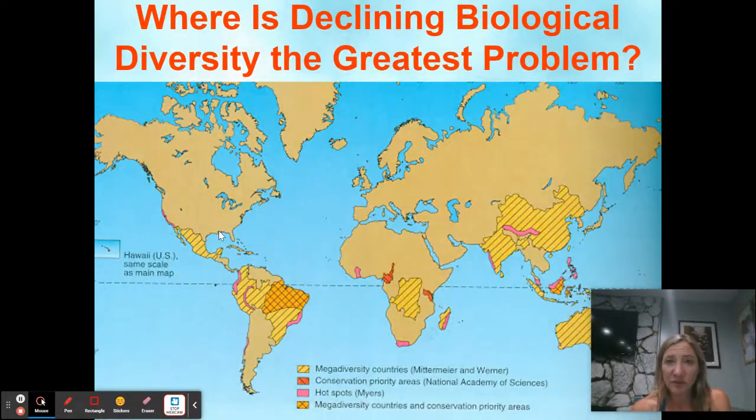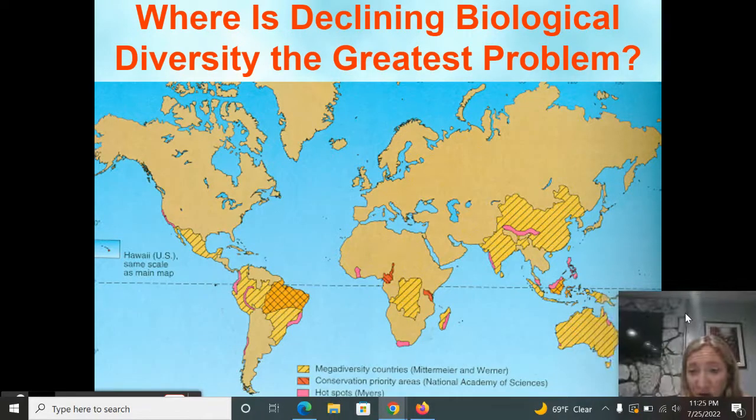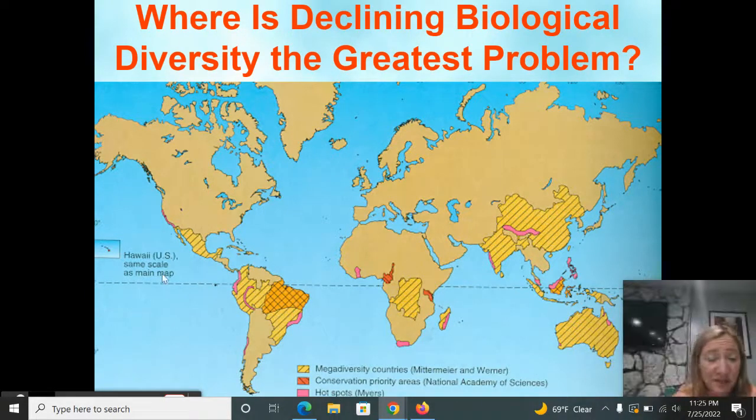So it's not evenly distributed in terms of population decline. What you're seeing here are some of your biggest areas of diversity. If you look at this little key here, there's first of all some hotspots. The little pink is showing us where the hotspots are, where there are significant, important groups, things like that, that are not found in other places.